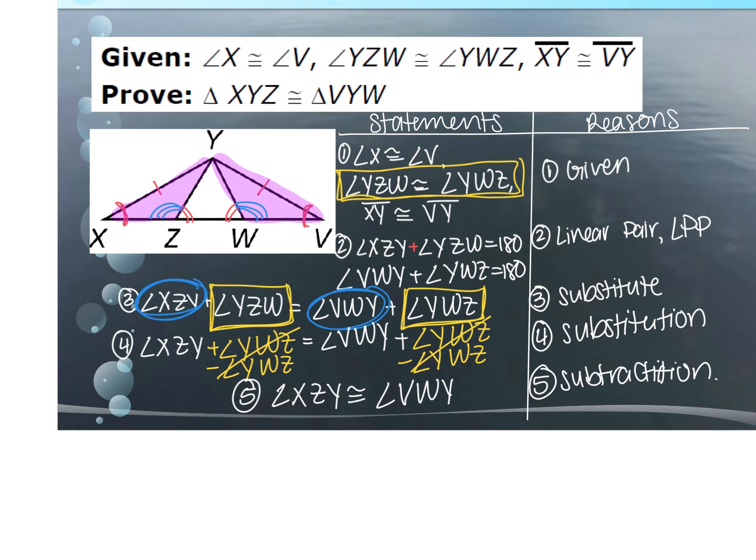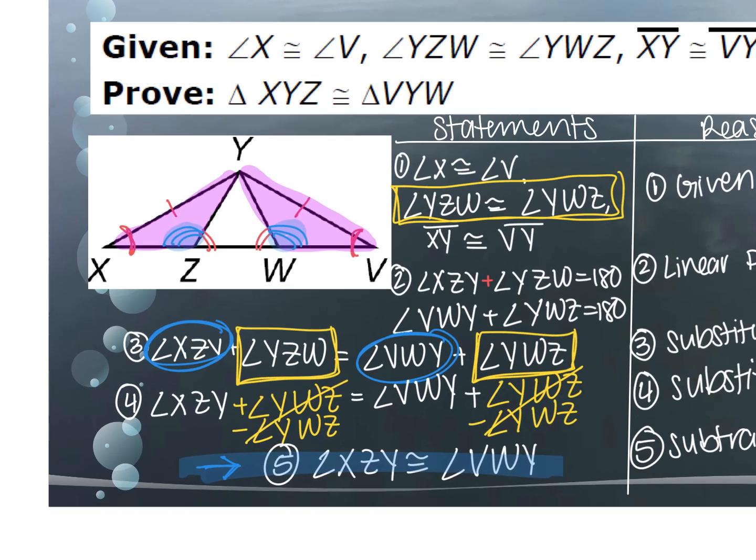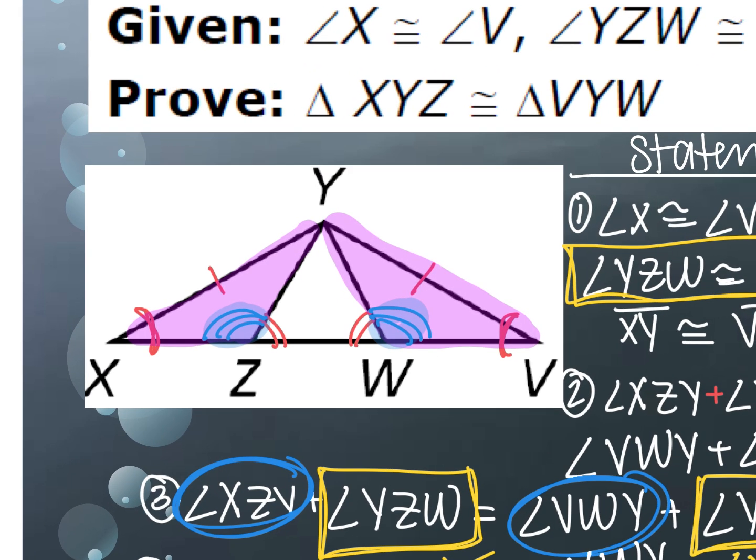Okay, so right now for step 5, I just proved these angles in blue to be congruent. So these angles right here, I found that to be congruent for this step. Now if I'm looking at my diagram, how can I prove that these triangles are congruent?